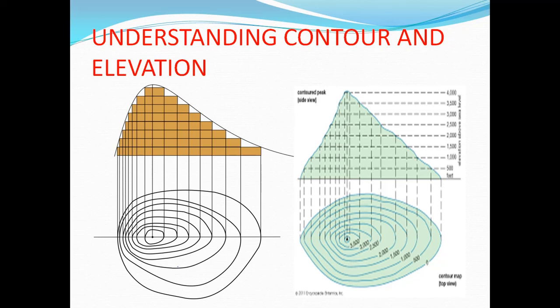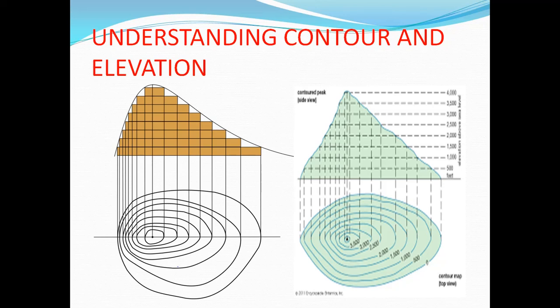So on a map, you must see the index line also and the numbers that represent the elevation of that place. This is all about contour lines and elevation, but there are many different shapes that we need to understand and identify through the topo sheet or the geographical map.